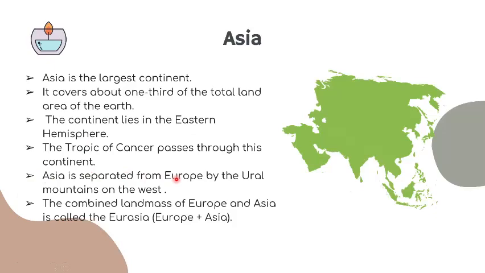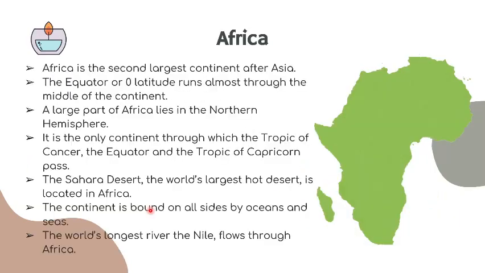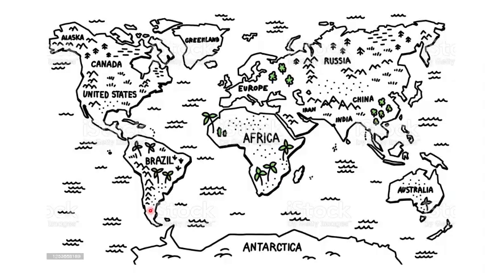Asia is separated from Europe by the Ural Mountains on the west. You see here, mountains are shown. So these are the Ural Mountains.